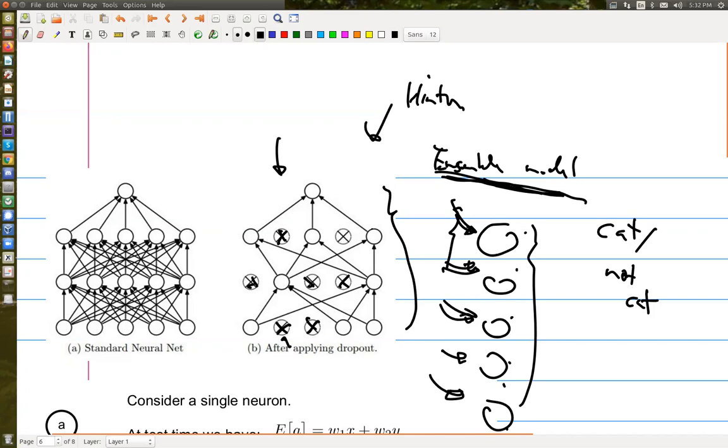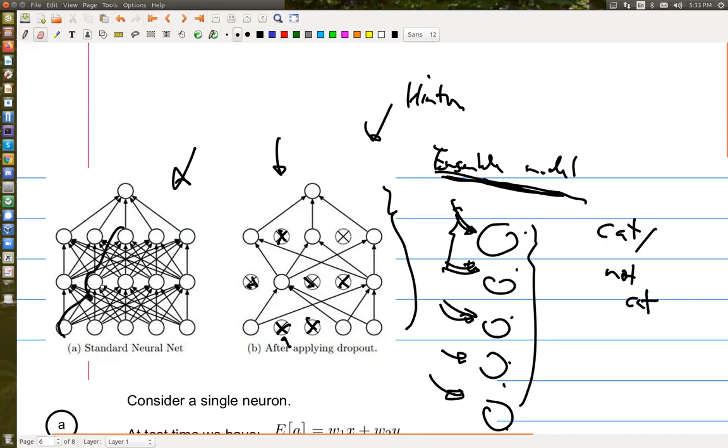Another rationale people argue for why dropout is a good thing is that if you train the entire model, potentially you may stop whenever some part of the layer is already doing really good things.